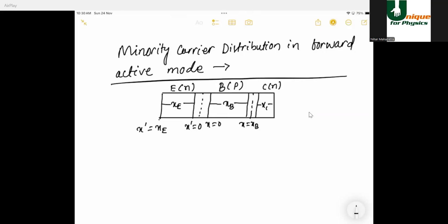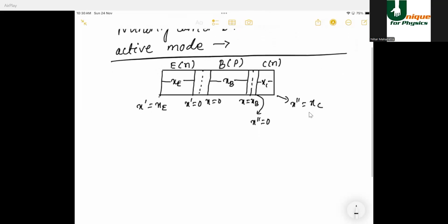I will put the scale here as X double dash, from 0 to X double dash is equal to XC. So XC is the neutral width of the collector.